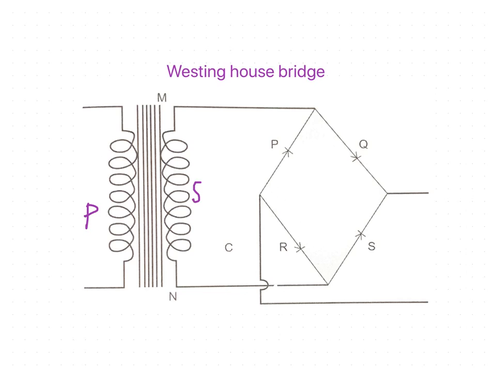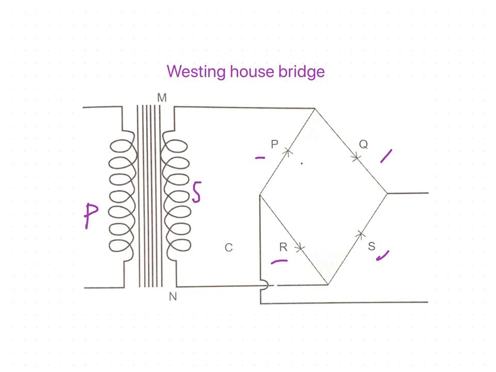Now in this, 4 blocks of rectifiers are used, here P, Q, R and S. You have to see what is the direction of the flow of current by seeing these rectifiers.